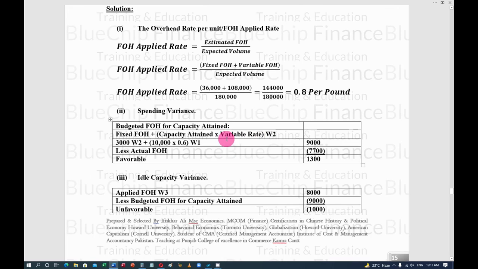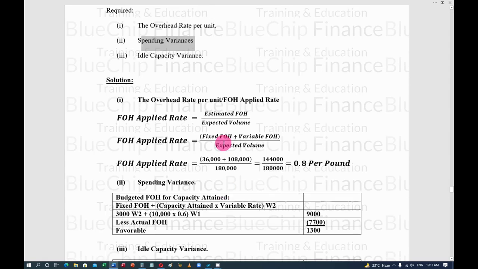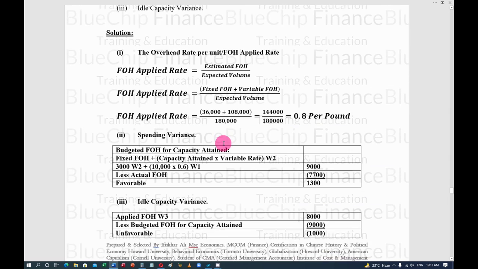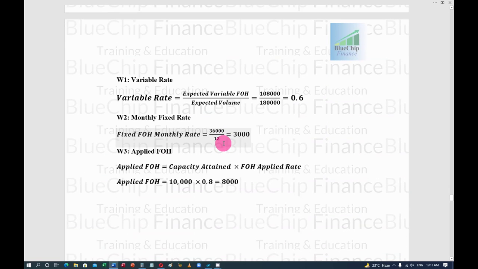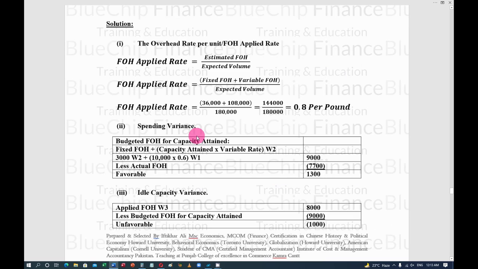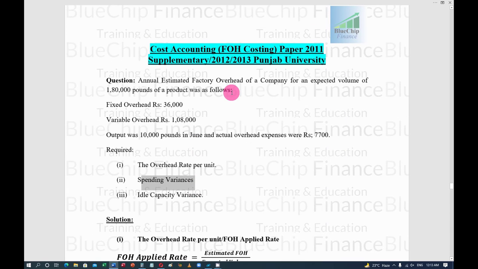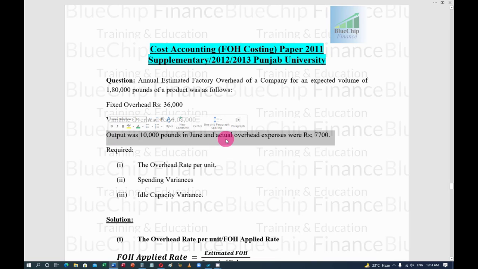So fixed FOH is 3,000. Why is it 3,000? Because we are going to calculate monthly. Output was 10,000 pounds in June and actual overhead expenses were rupees 7,700. So it is all related to only 1 month.